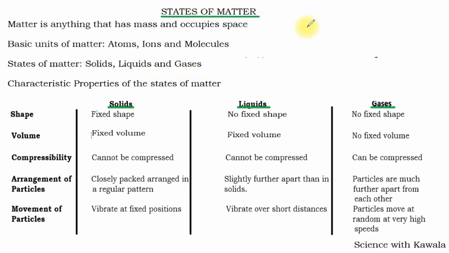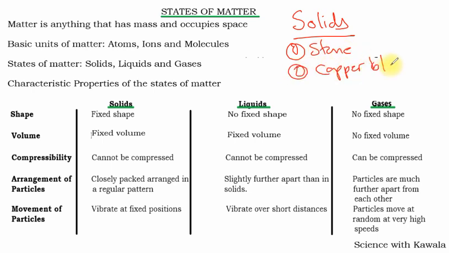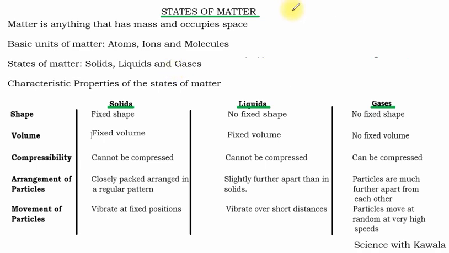Let's look at some examples of solids. One, we've got a stone. Two, we'll talk about a copper block. Three, we can even mention a pen. So these are three ways in which matter can exist in the form of solids. What about liquids?